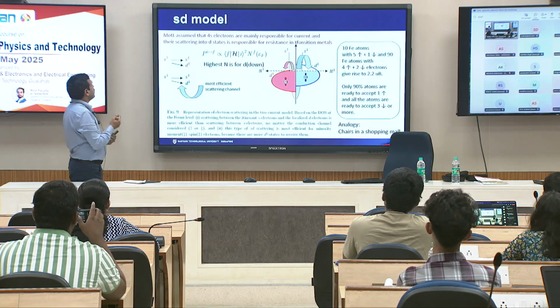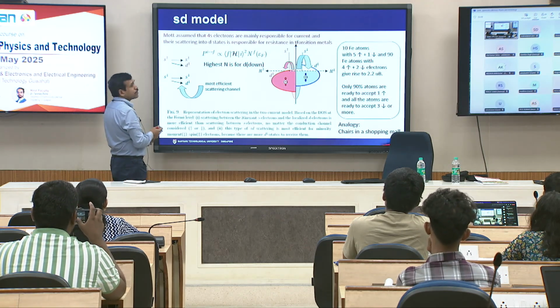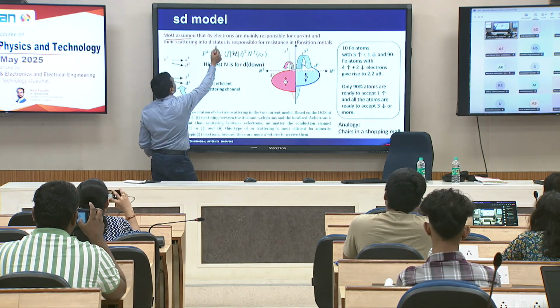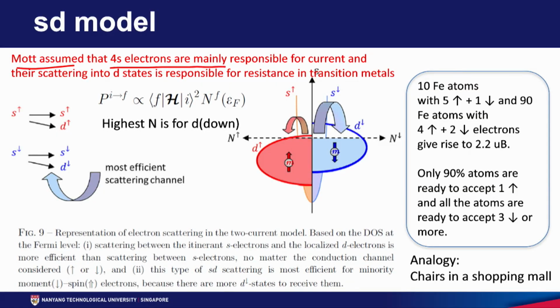The second point of Mott's two current model is that Mott assumed that 4s electrons are mainly responsible for the current. You know that in ferromagnetic materials we have the 3d shells partially filled and 4s. You know that s electrons are the conduction electrons, so they are responsible for conduction.